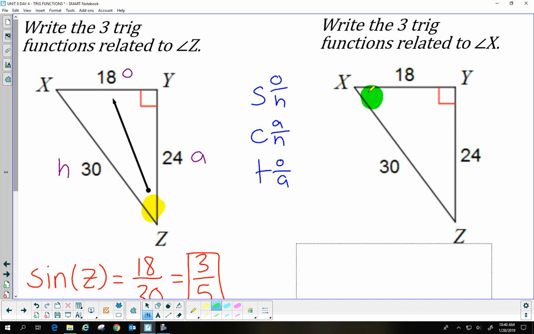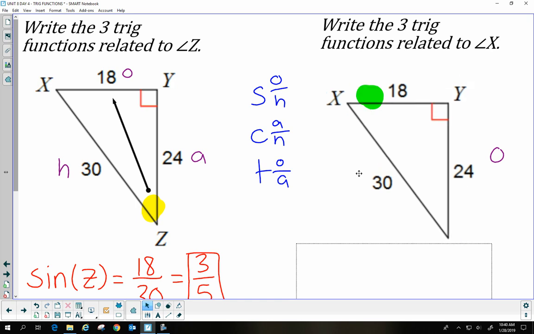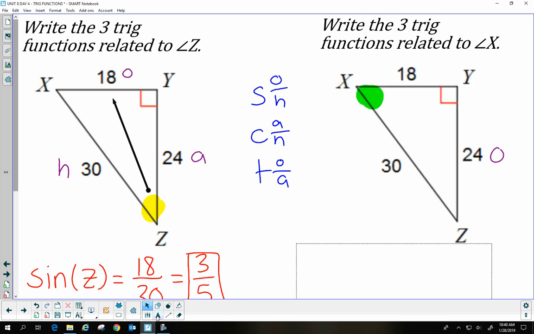X is over here. It's important to know what angle you want the functions for. So now the opposite side is 24. The hypotenuse is still 30. Oh, I guess I didn't write it there. That's my hypotenuse. And then my adjacent side is 18.